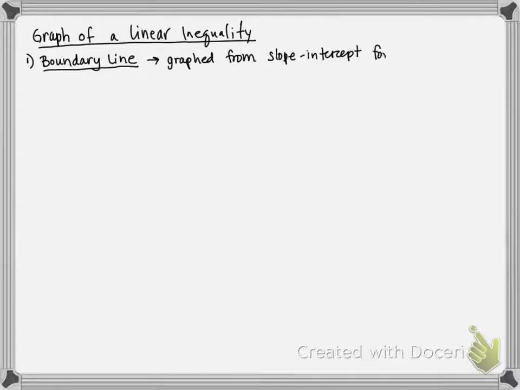So I'm going to fill in some of the data from before, okay? And this boundary line can be either dashed or solid. And again, we talked about how dashed would be greater than or less than, and solid would be greater than or equal to or less than or equal to.